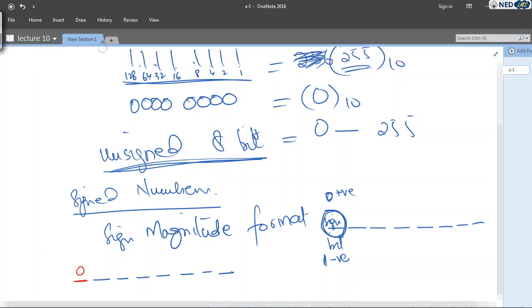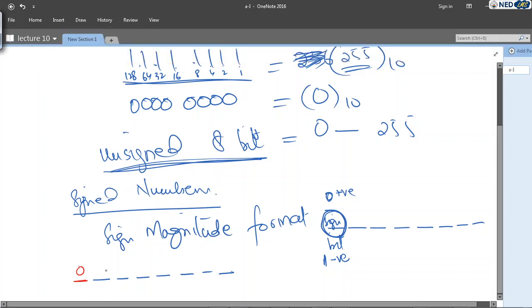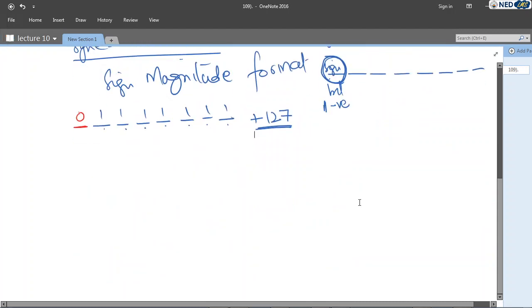If we go all the way to the maximum, 1 2 3 4 5 6 7, the maximum number would be 1 2 4 8 16 32 64. If you add all of these together, you will get plus 127. That's the maximum number in the positive range we could have.